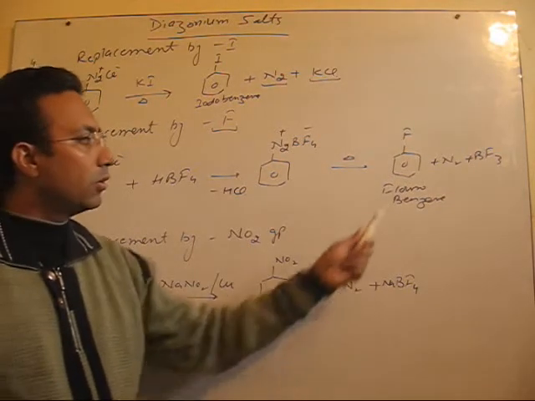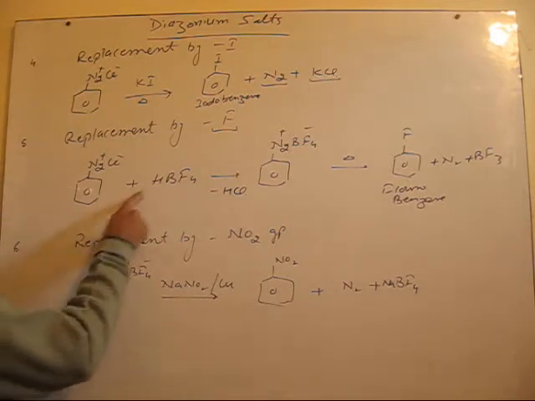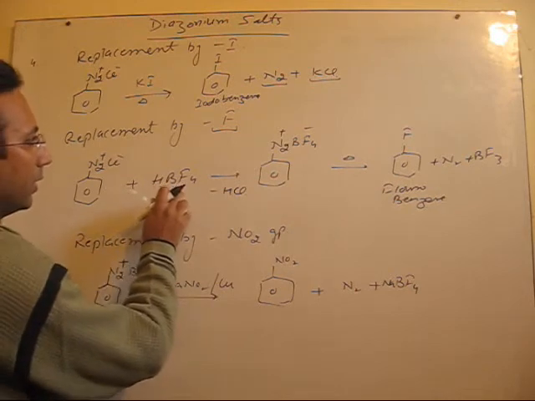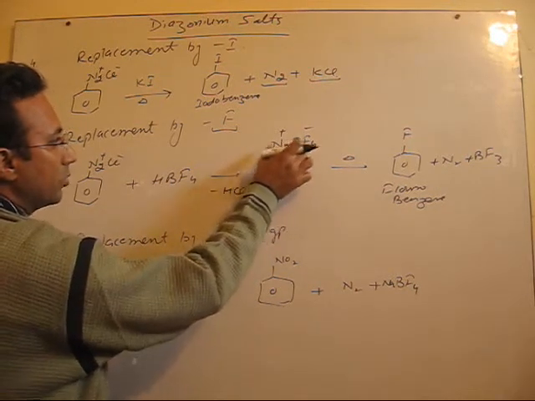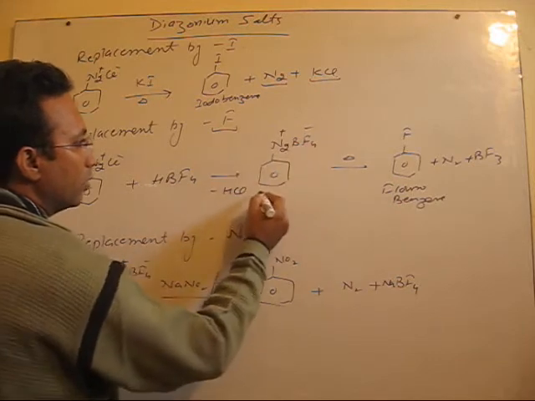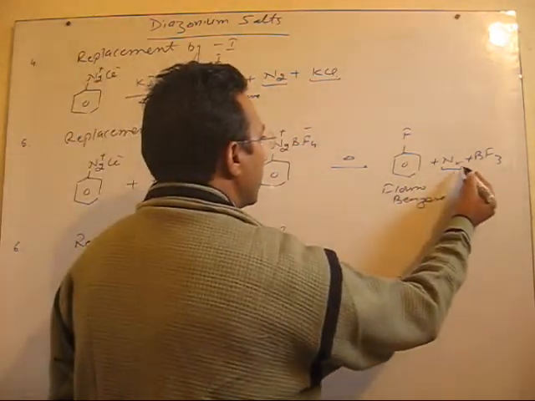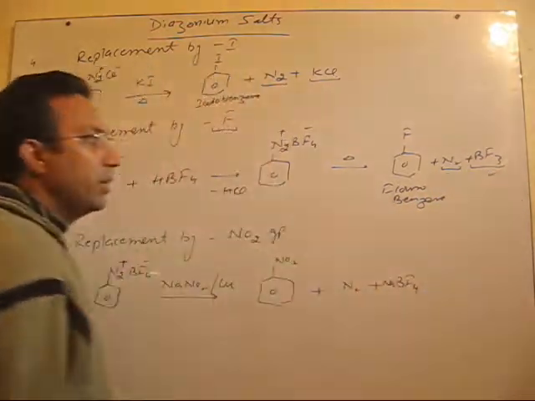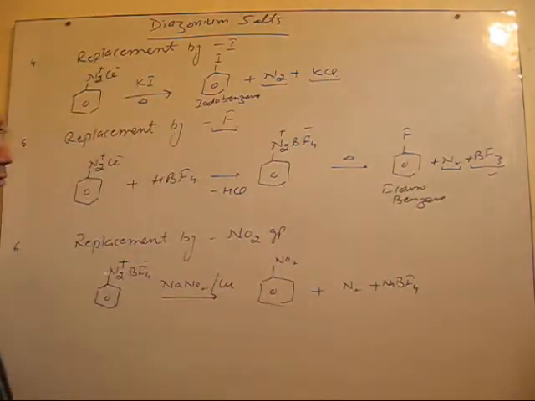So in this method, diazonium salts are treated with fluoroboric acid. Here first you will get this salt, that is benzene diazonium fluoroborate. This salt is further heated and it results in loss of a nitrogen molecule as well as BF3, and you will get fluorobenzene. So this is a very useful method for preparation of fluorobenzene.